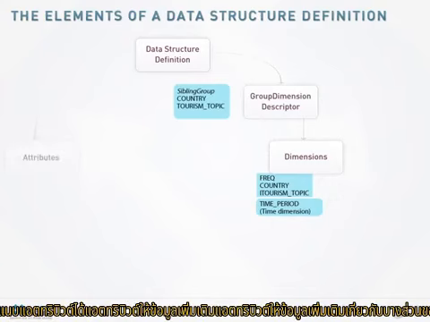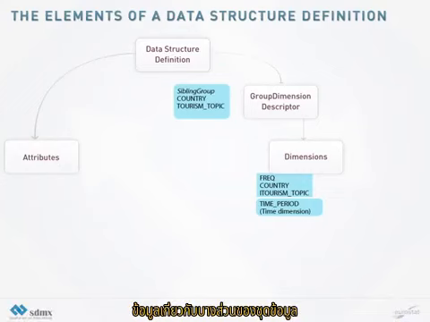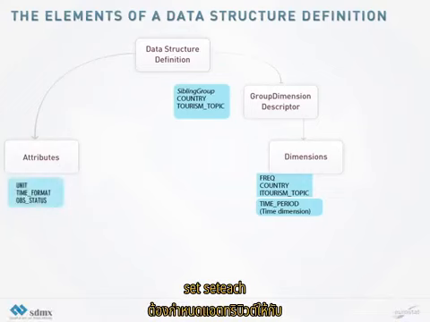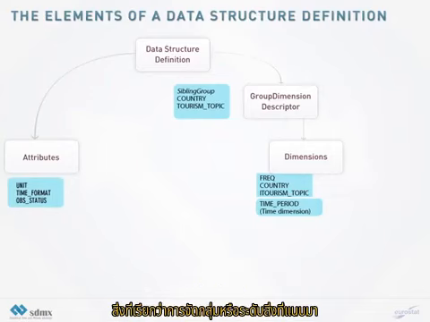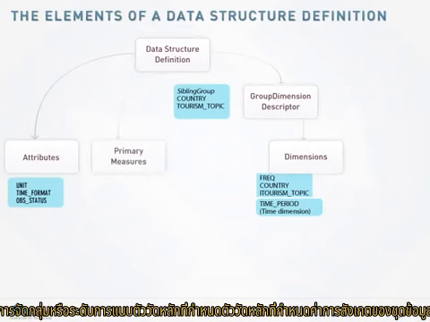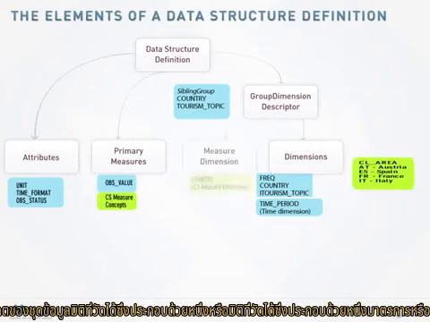The attributes provide more information about some part of the data set. Each attribute must be assigned to a so-called grouping or attachment level. The primary measure, defining the observation value of the data set. The measure dimension, comprising 1 or more measures.